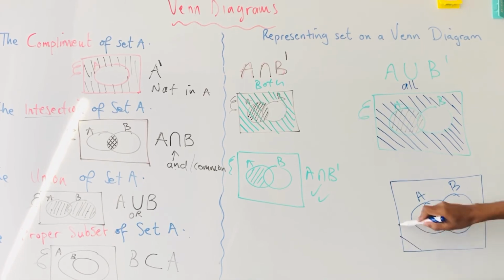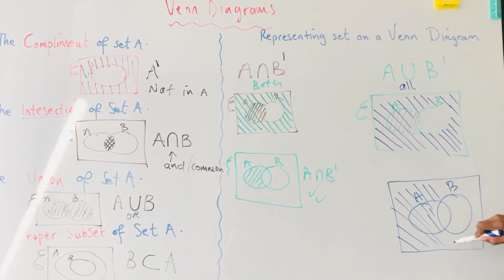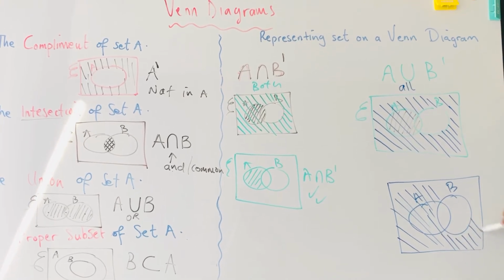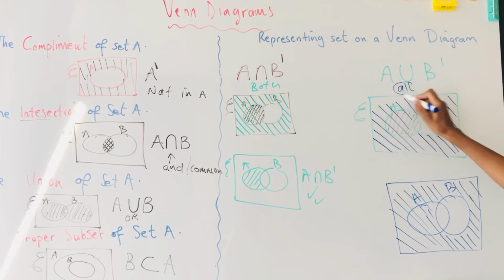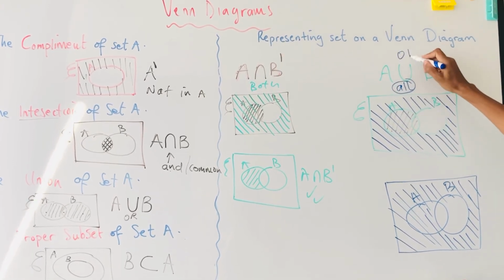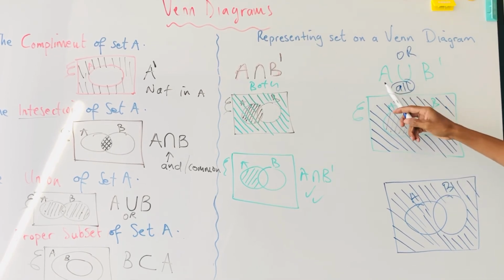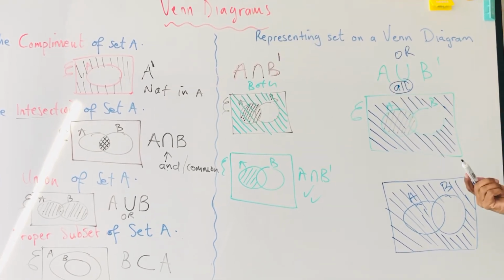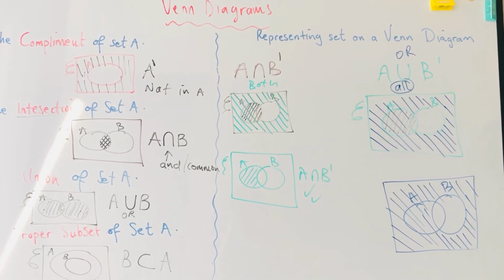Otherwise, everything is shaded, because remember, this is union, or. So any region, either A or B prime, is correct. Or B complement, or B prime, that is still correct.